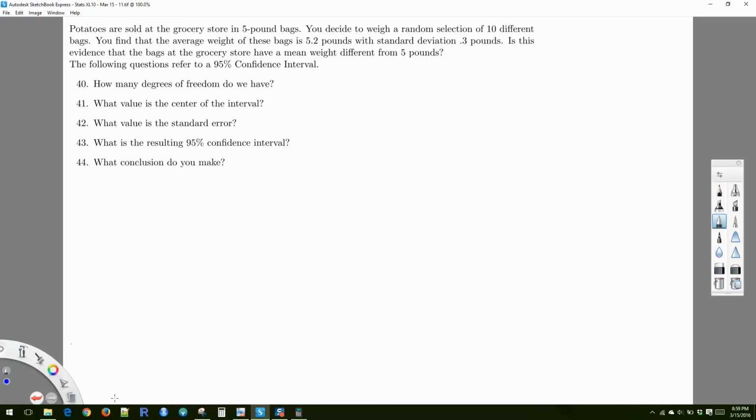There's a scale there. I know, they have the scale, yeah. So I put them on and I'm like, oh, it's pretty close. But I'm not gonna go through the entire store. Excuse me, sir, what are you doing? I'm just making sure I'm getting the right amount of potatoes.